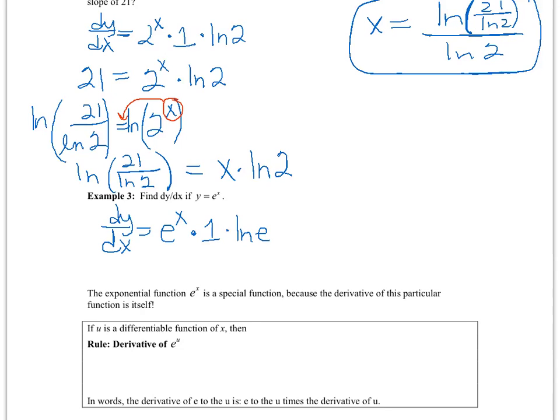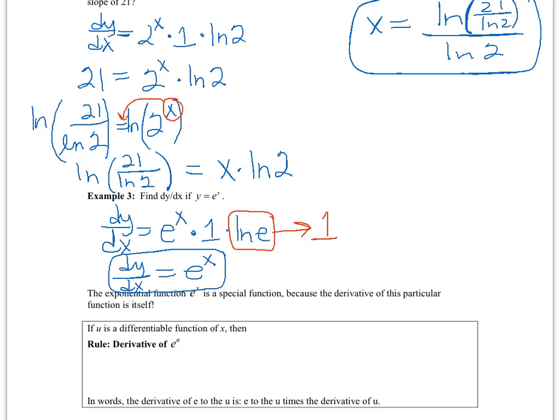And at this point, we bring in something that you guys should have learned in algebra. Okay, the natural log of e is just 1. So at this point, we get to something kind of interesting here. The derivative of e to the x is e to the x. So the exponential function e to the x is special because the derivative is the function itself.